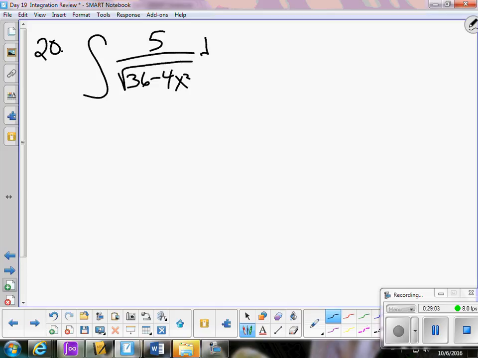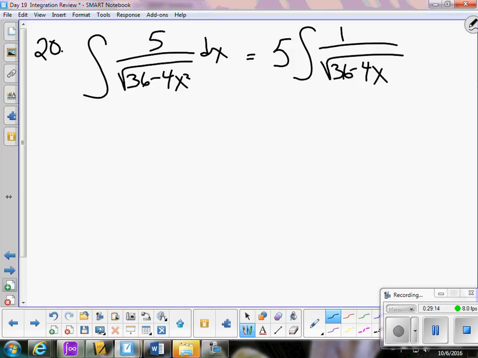So let's just get that 5 out of there right now. So we know we're going for an inverse trig. There's no x up there. So before we can do anything when it's inverse trig, that has to be a 1. So what are you going to do?